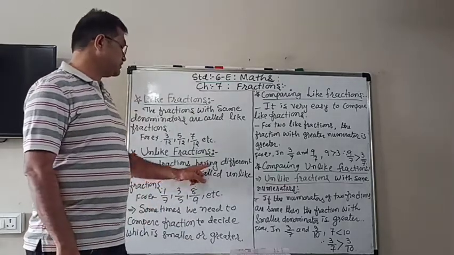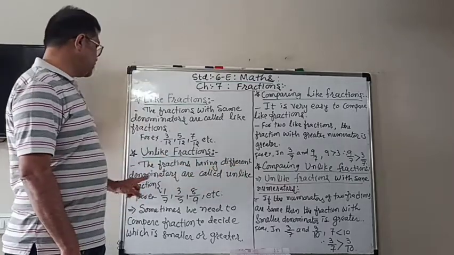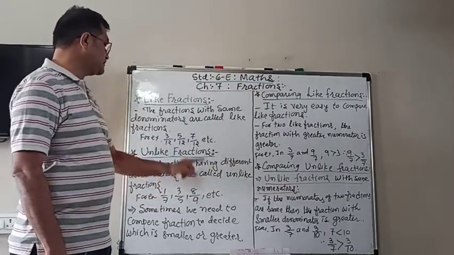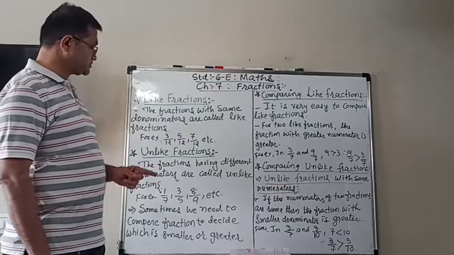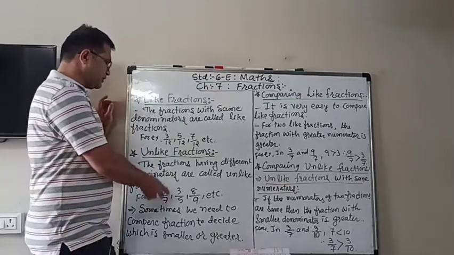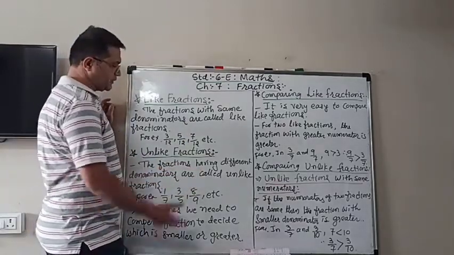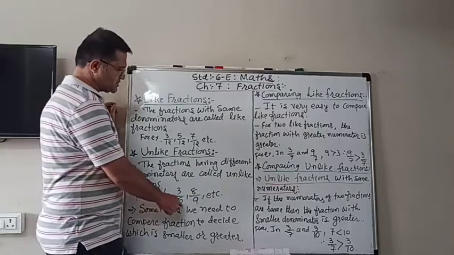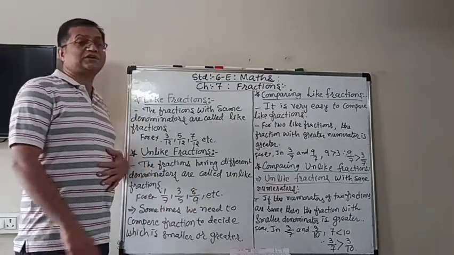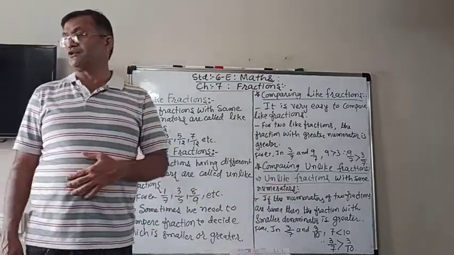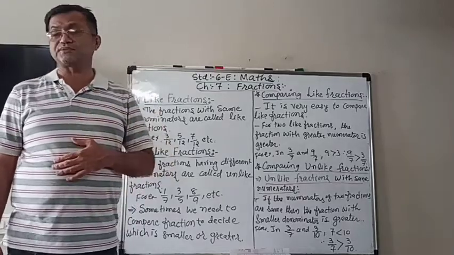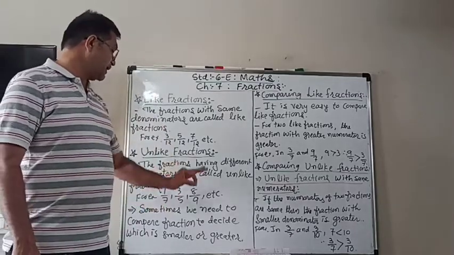The fractions having different denominators are called unlike fractions. Here you can see that 1 upon 7, 3 upon 5, 8 upon 9, all fractions have different denominators. So, they are known as the unlike fractions.